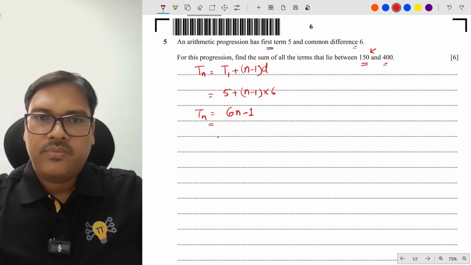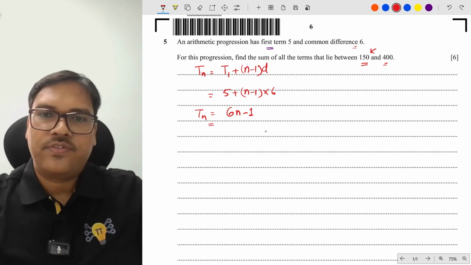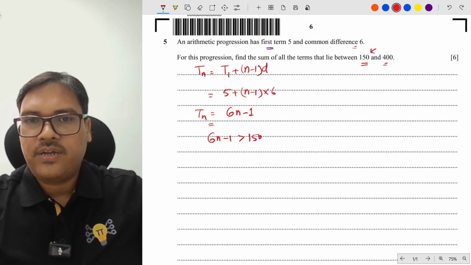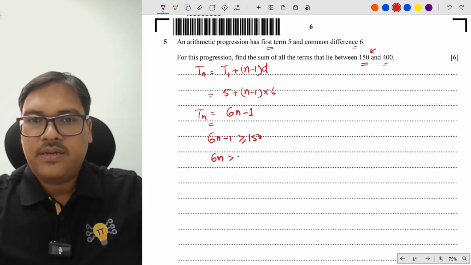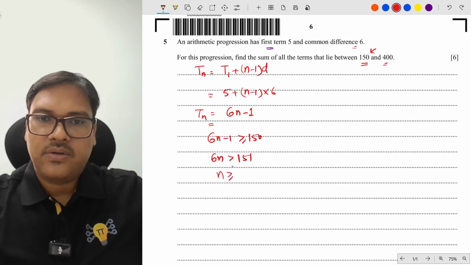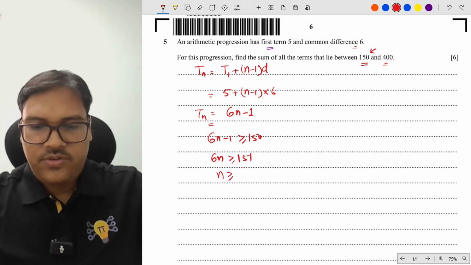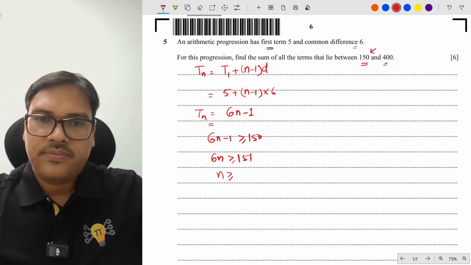Now we want this to be greater than 150, or it may be equal also. So 6n minus 1 should be greater than or equal to 150. So 6n will be greater than or equal to 151. So n is greater than or equal to 151 divided by 6, that is 25.16.